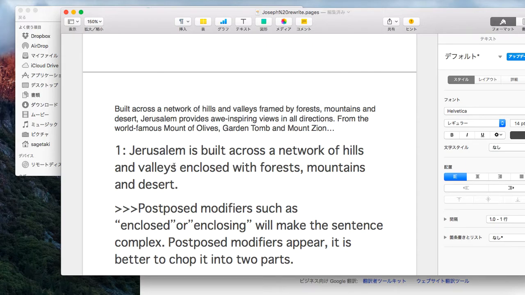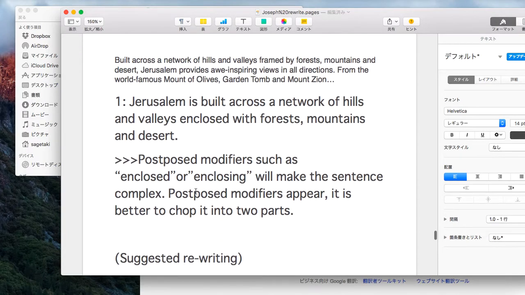So when you're translating from English to Japanese with Google Translation, sometimes you have to be very careful with which one comes out first, the noun or the modifier. So in this case, what you gotta do is if you can just chop it into two parts, you can better Google Translate.